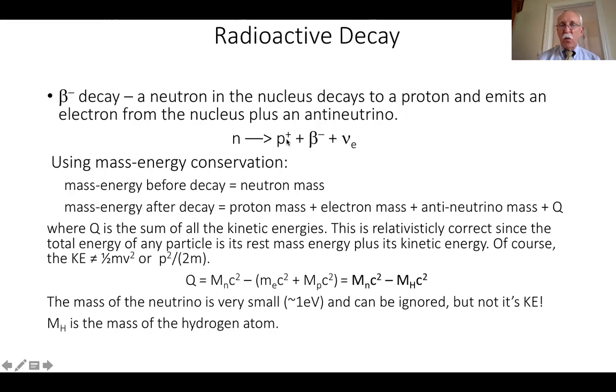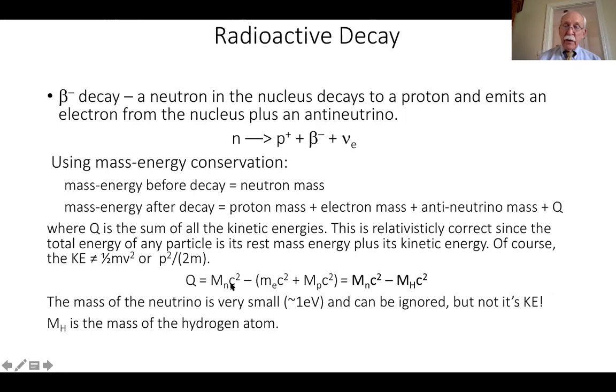And that's like 1/2000. So we get less than 1/100% of the energy going to the proton. So we're going to ignore that here. And I find that the Q then will just be the difference in the parent mass and the daughter mass and the particle that was ejected mass.